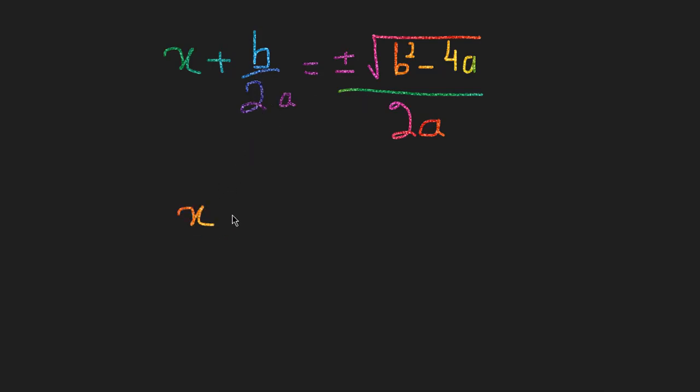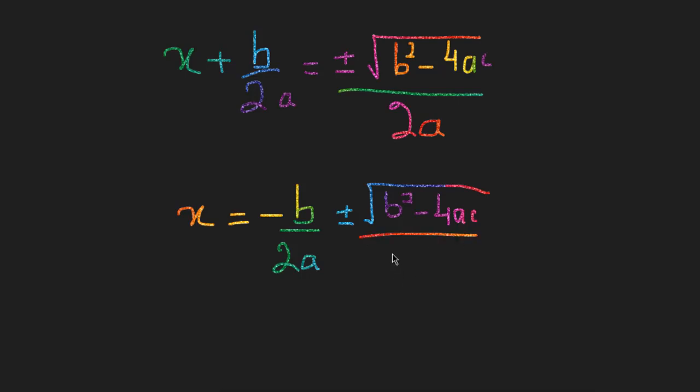It is positive b over 2a, so it will become negative b over 2a, plus minus the root of b squared, oops, there is a c with it, b squared minus 4ac, over 2a.